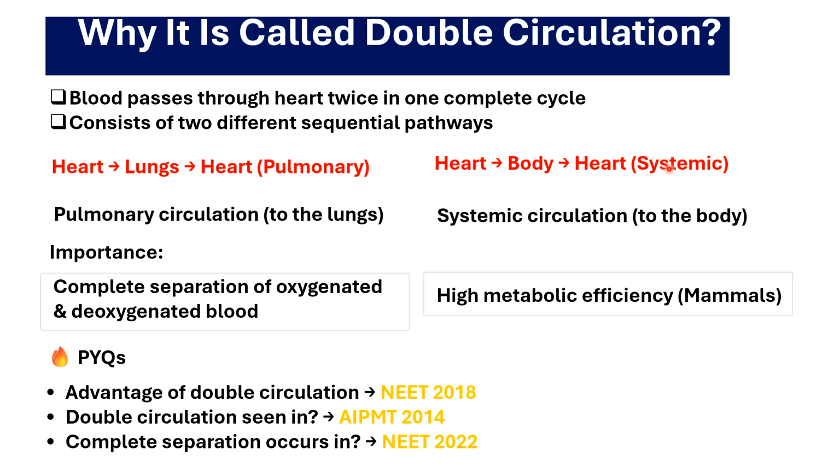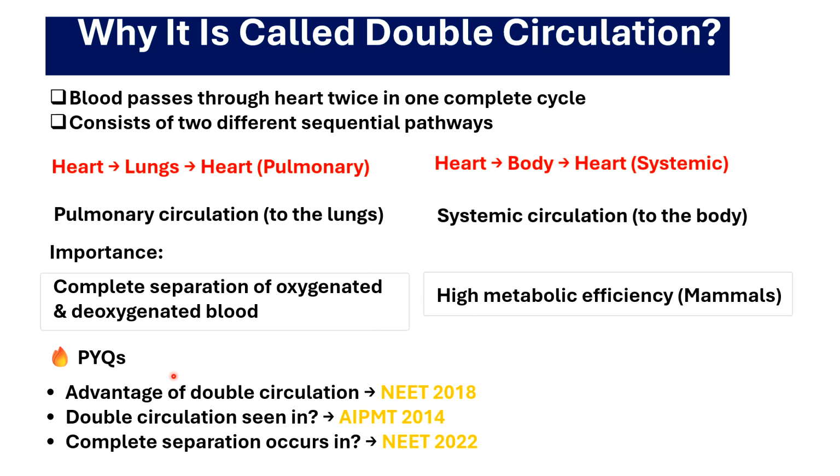Is that clear? This type of circulation, which is present in the higher organisms or mammals, ensures that there is high metabolic efficiency, and also there is complete separation of oxygenated as well as deoxygenated blood. I hope you are clear with the concept.